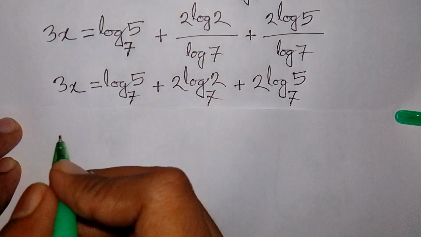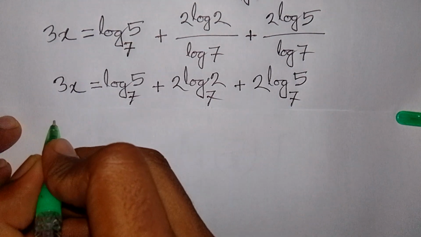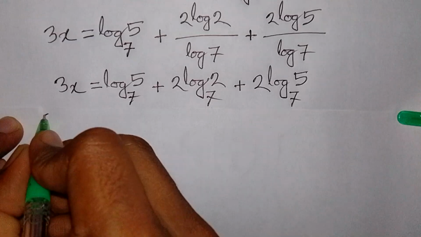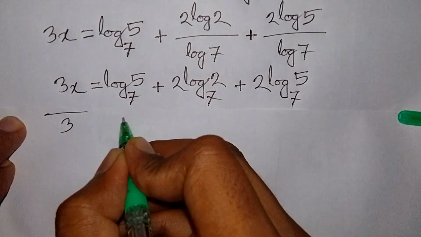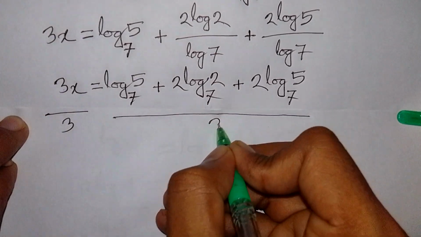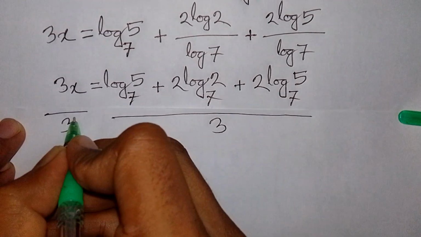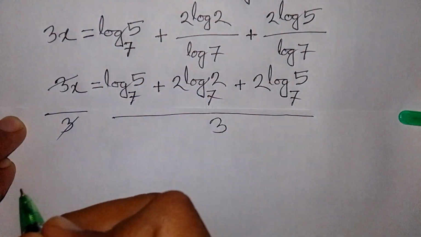Now we divide by 3 on both sides because we need the value of x. So divided by 3, divided by 3. We see this 3 will be cancelled.